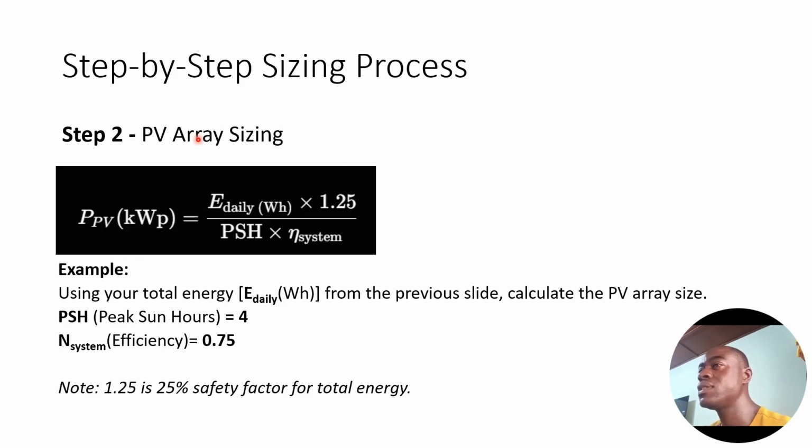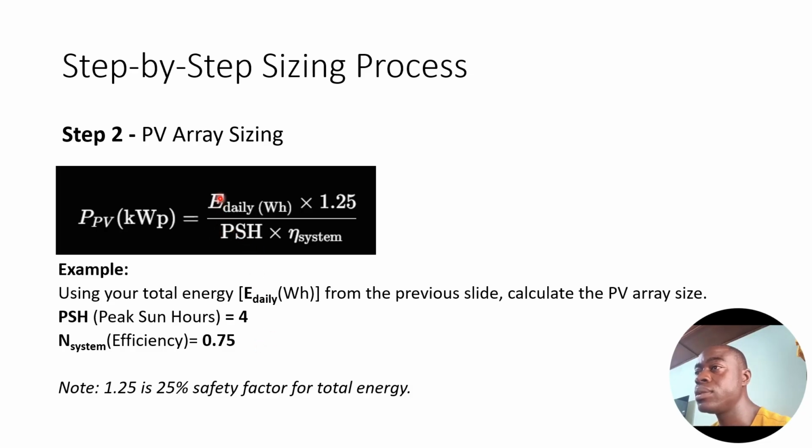So next we'll size the arrays for the solar panels. The total rating of the panels in kilowatts is the total energy use by the safety factor, in this case 25%, divided by the peak sun hours, in this case 4 hours, and the efficiency of the system as 75%.